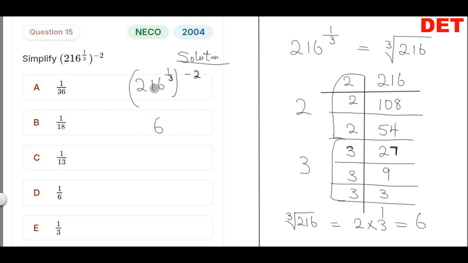So 216 raised to the power of 1 over 3, which is the same thing as the third root of 216, is equal to 6, raised to the power of minus 2, which is the minus 2 that I have here.